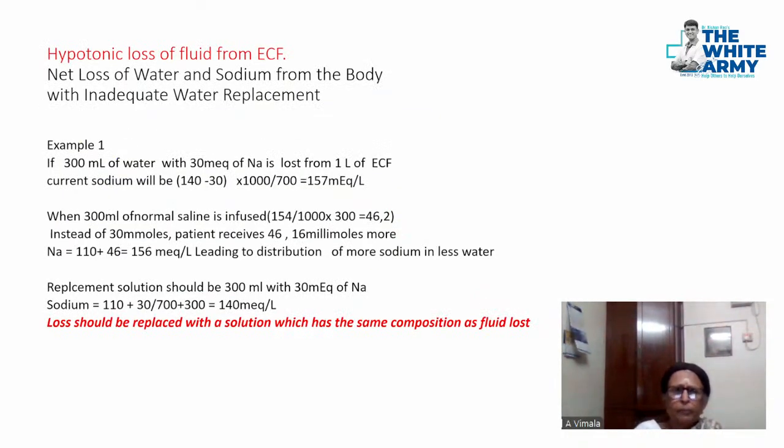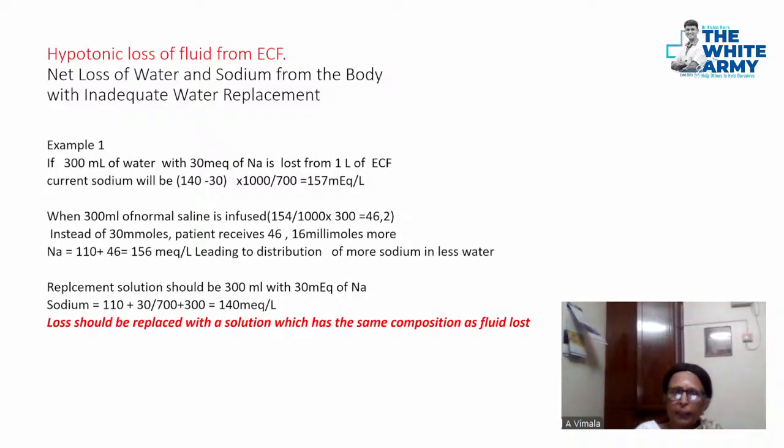So let us see with an example, what do we mean by a hypotonic loss of fluid from the ECF? That is net loss of water and sodium from the body. But the fluid that is lost contains less sodium relative to water. And when you are replacing that with normal saline, that is inadequate in water content, that can produce hypernatremia.